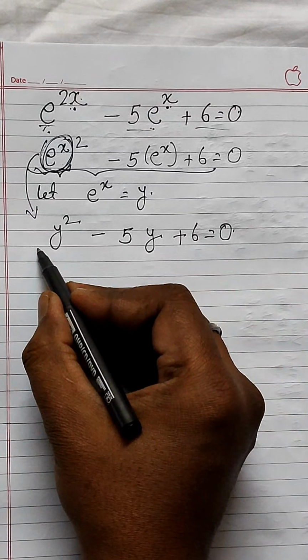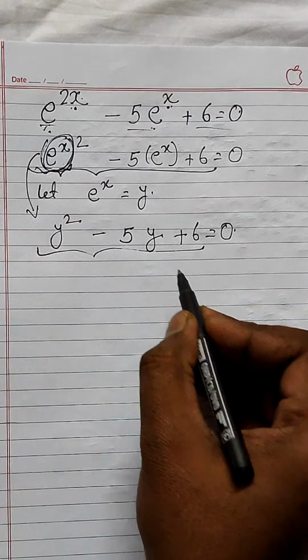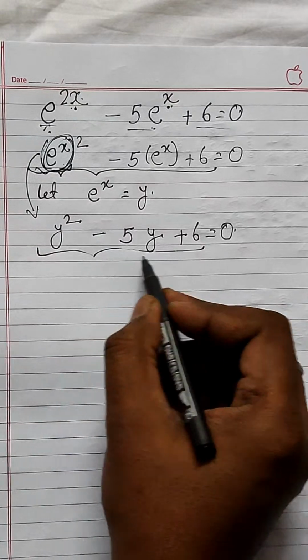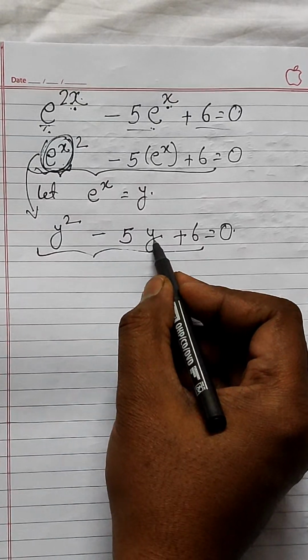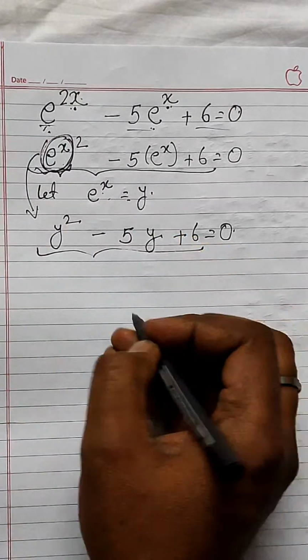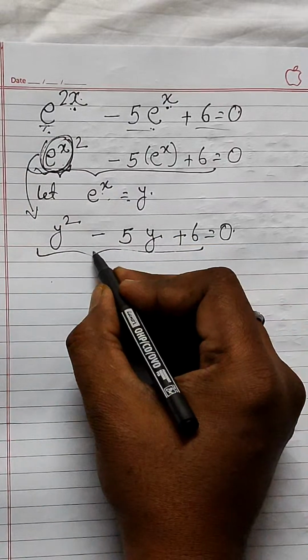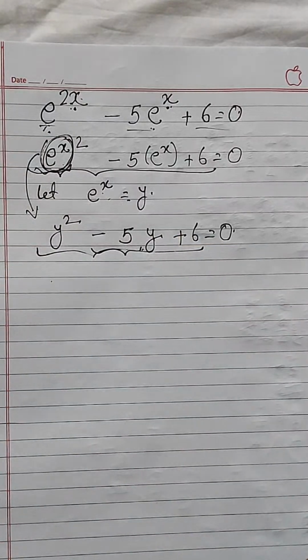You can see this is a quadratic equation in y. So let us solve it. After that we will replace the value of y with e to the power x to get the value of x. Now, just split the middle term.